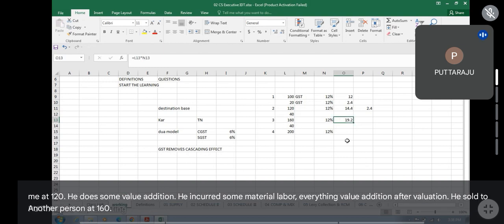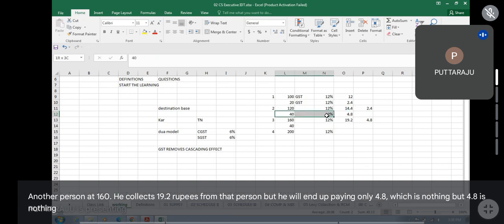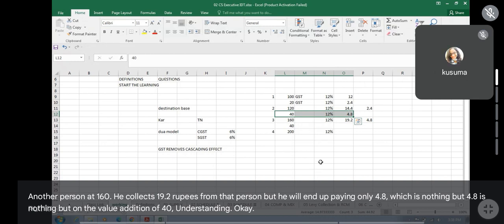He collects 19.2 rupees from that person, but he will end up paying only 4.8, which is nothing but on the value addition of 40. Understanding? Yes. Okay. Like this.